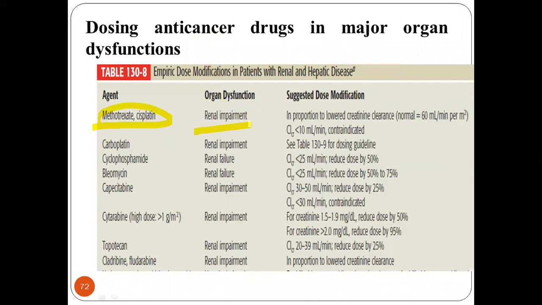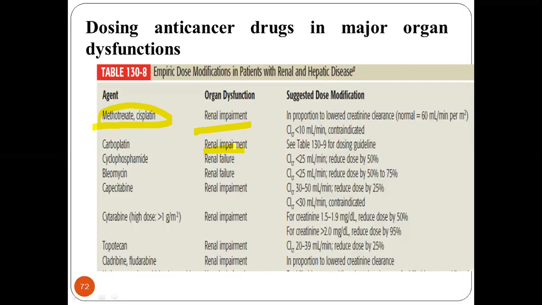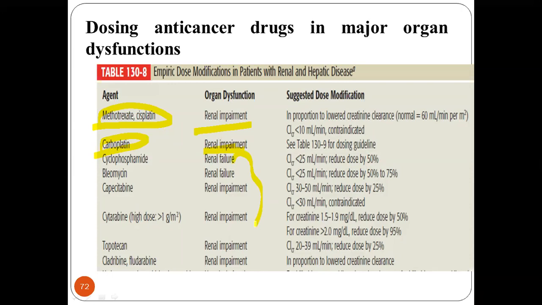Then carboplatin, we can use it, but there is a dosing guideline anyway. It is an alternative, but in severe renal derangement, we also do not use carboplatin. This one we shall discuss when we are discussing the treatment protocol for each type of cancer. Cyclophosphamide, bleomycin, and capecitabine still cause renal impairment. So dose adjustment is very important accordingly.